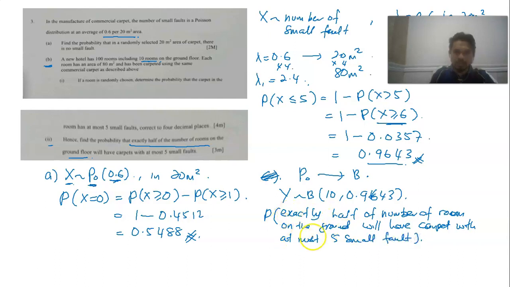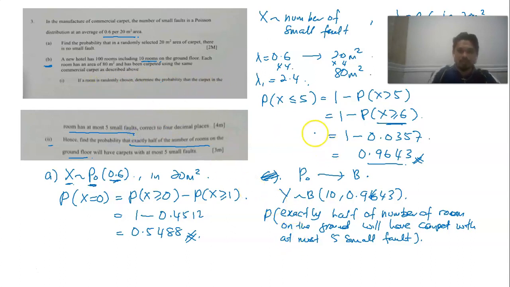This statement is solved in question B1 here. Room has at most 5 small folds, for this one here.